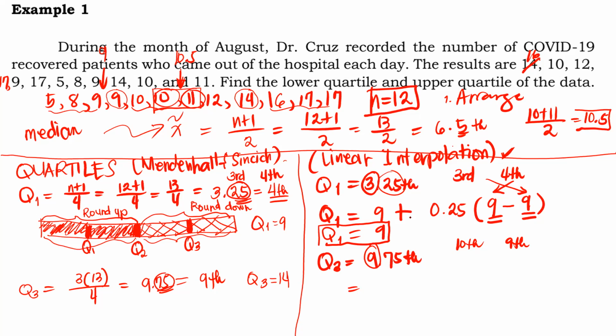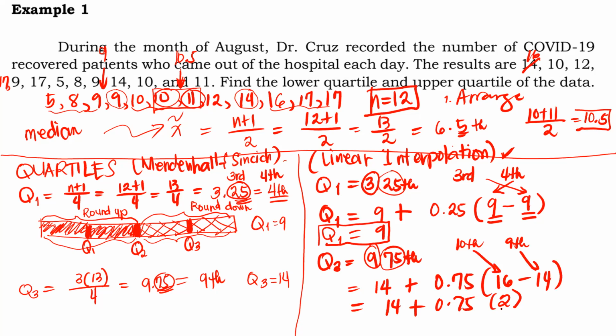Because this is 16, you can see the difference. So the 9th data first. Our 9th data is 14, plus 0.75 of the difference between the 10th data, which is 16, and the 9th data, which is 14. So 14 plus 0.75 of their difference, and their difference is 2.